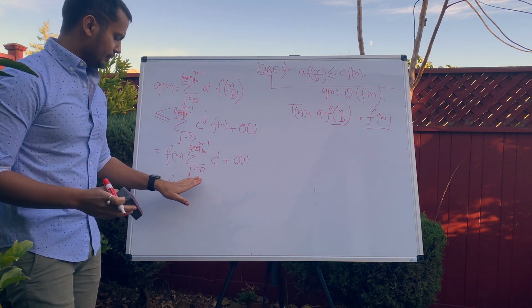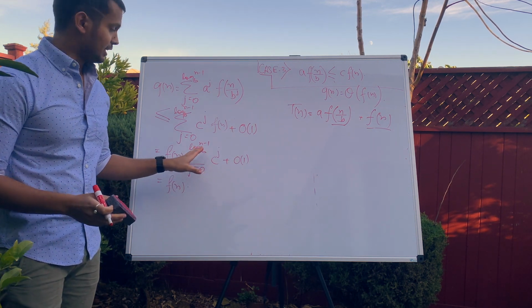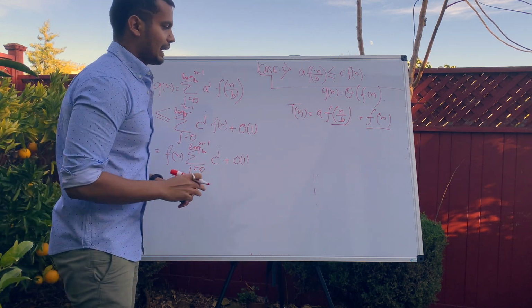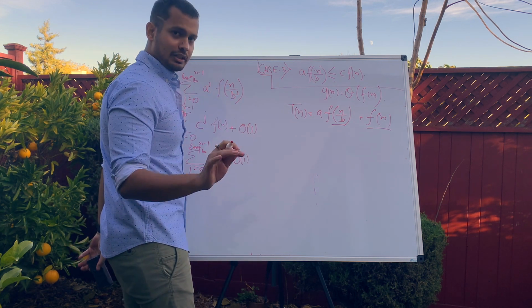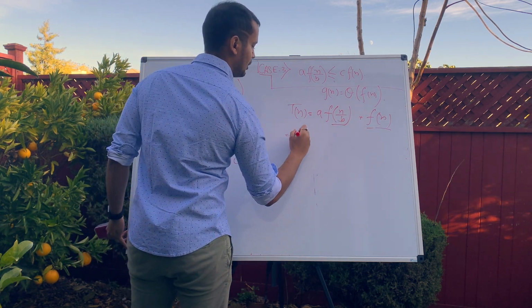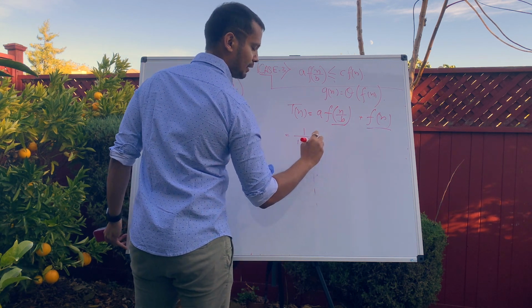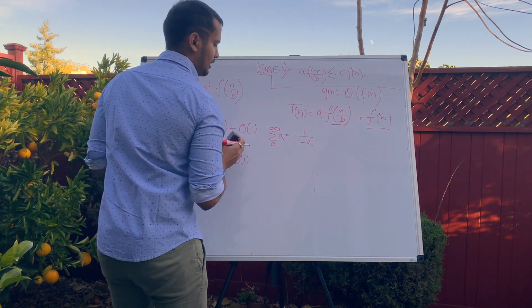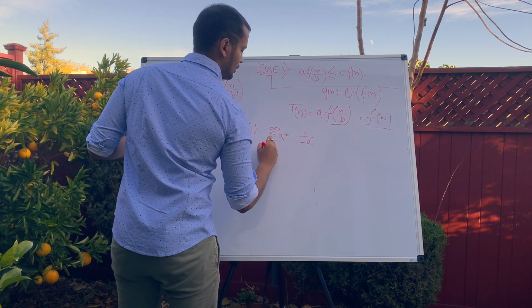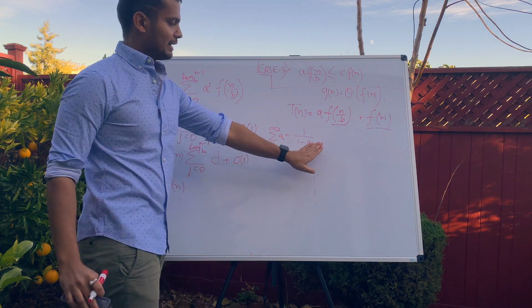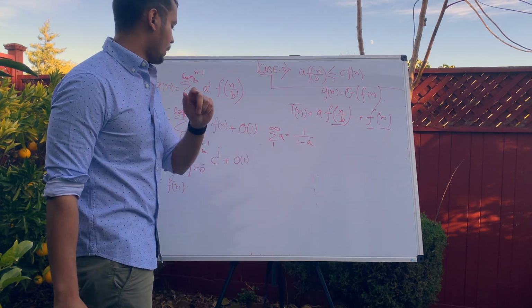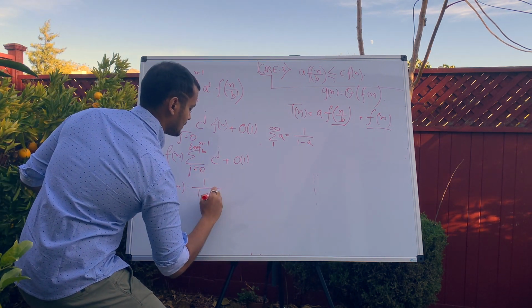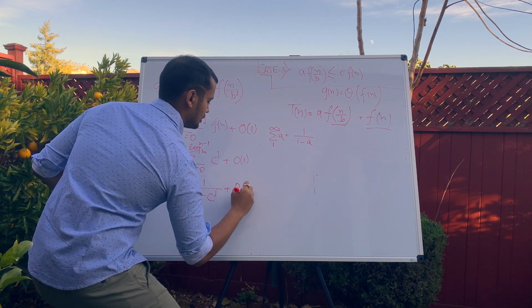If we assume that this extends to infinity, like there is no upper bound, and the value of c is less than 1, in that case the geometric sum of that series is nothing but 1 by 1 minus a, the summation of a^j from 0 to infinity, provided a is less than 1. So applying the same formula here, it becomes 1 by 1 minus c, and then some constant O(1) over here.